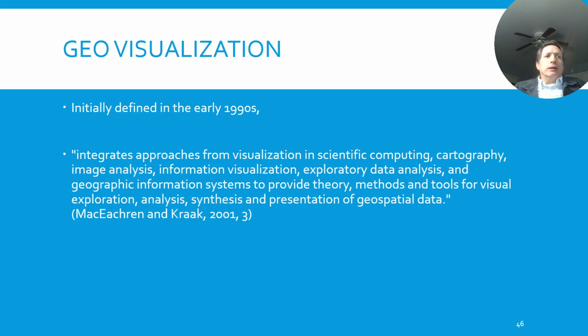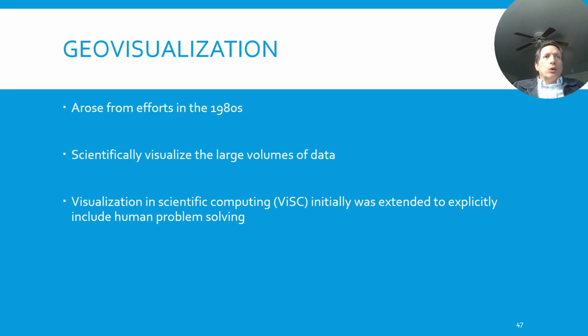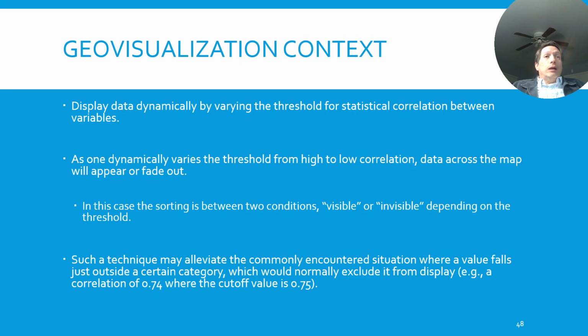Then maps or geovisualization are powerful tools to tell stories, and it's really useful to visualize large volumes of data. Okay, and it's really a magnificent tool to tell stories, as I mentioned.